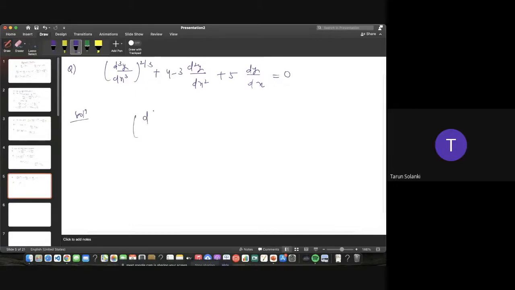So this is (d³y/dx³)^(3/2), and on this side if you take all terms like −3 d²y/dx² − 5 dy/dx − 4, and the whole is cubed here. So the degree of the differential equation is also 2 here, because the highest term is this and the degree is here 2, right?